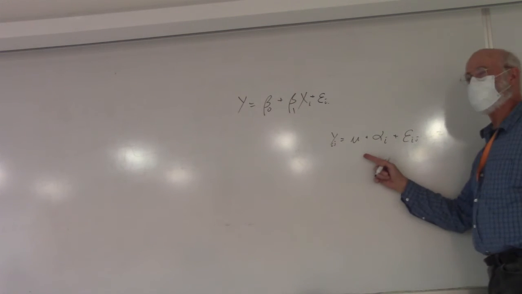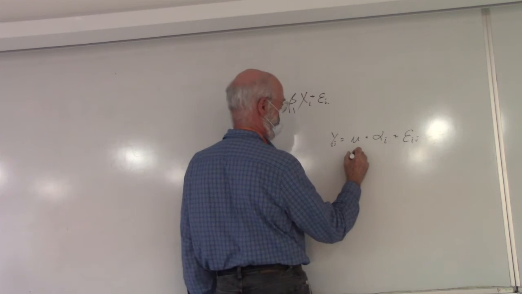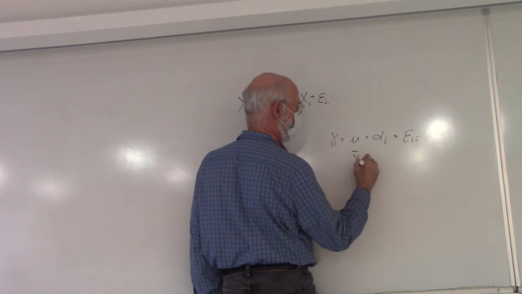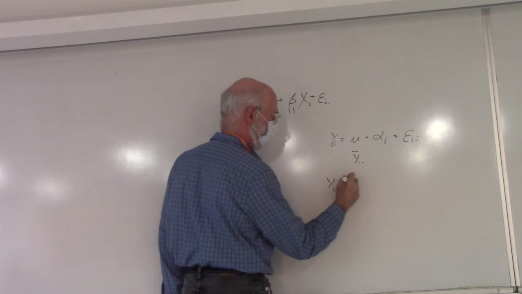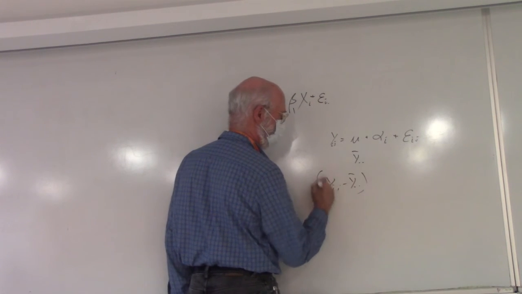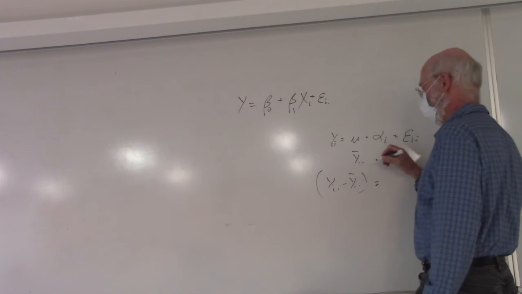Here, I knew some stuff. Here, I said, well, I know what mu is. My best estimate of mu is y bar dot dot, right? And I'm going to do yij minus y bar dot dot. That's one side. Then on the other side, I get alpha i. And what was alpha i?